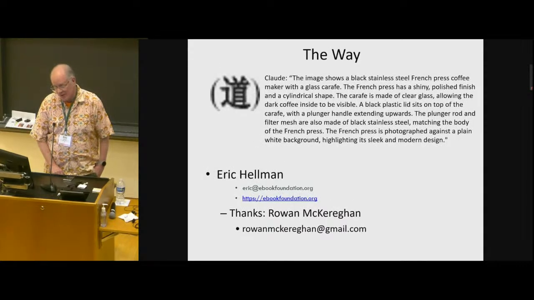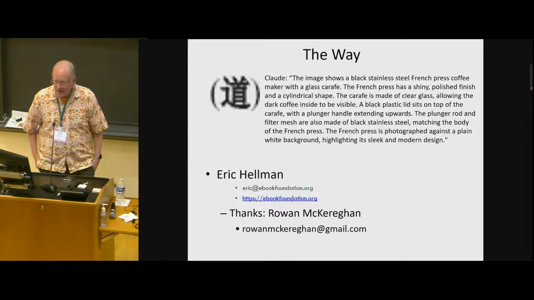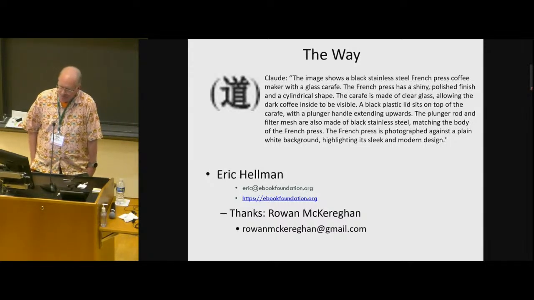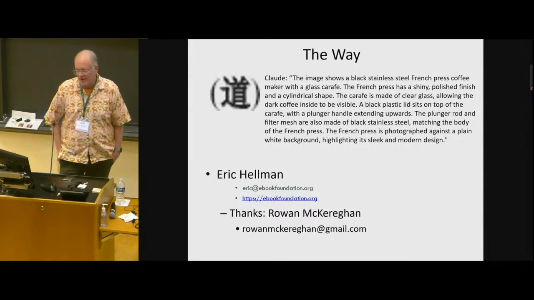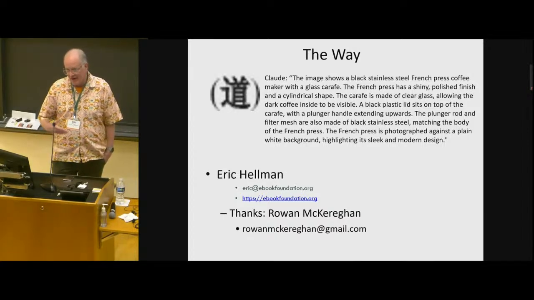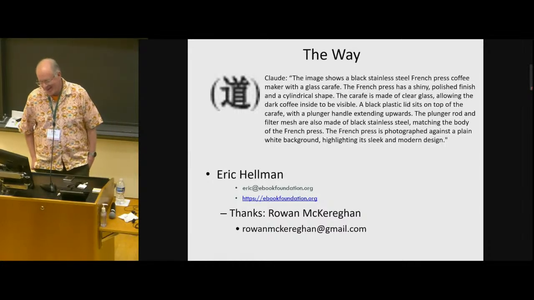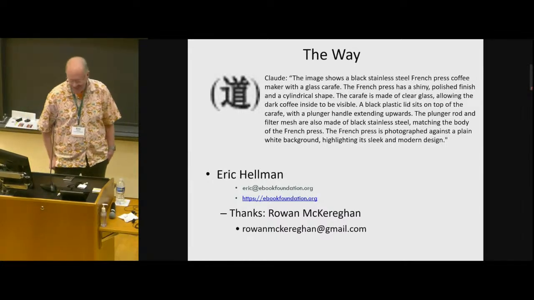So this is my last slide. That's an example. That character is the Chinese character Dao, or the way, as in Taoism. And this is kind of poetic, what AI thinks, don't you think?